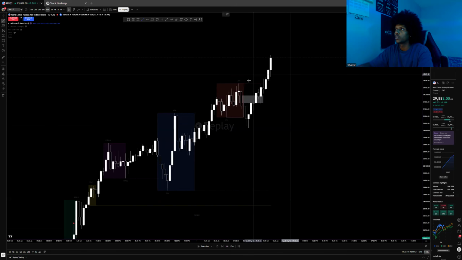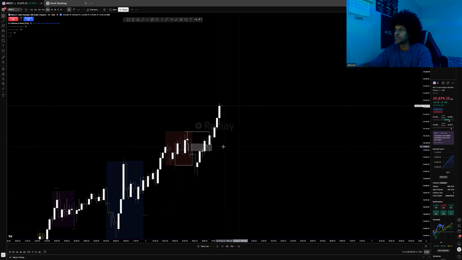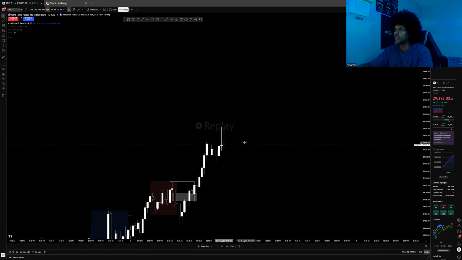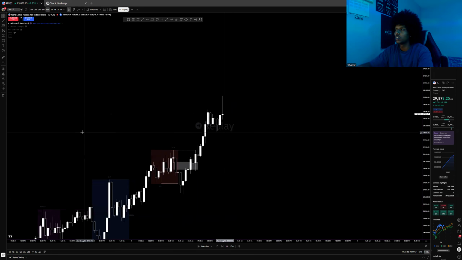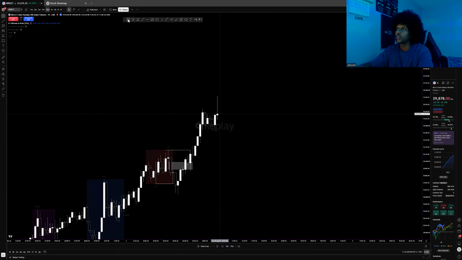We have a breaking structure again. Just before the market open, as you can see, this 15-minute gap is still holding.